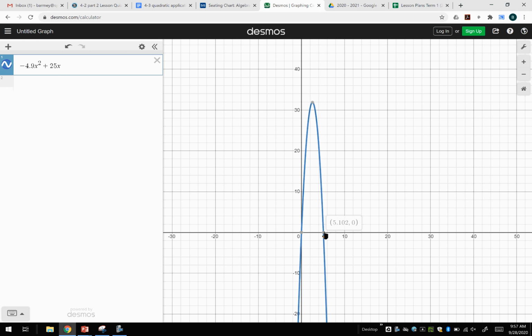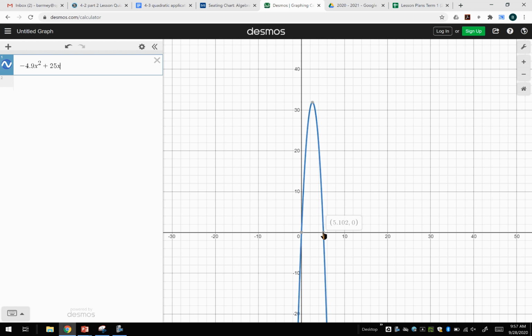We can also check down here where it's crossing the x-axis again, all the way up to the right, and you get 5.102. Well, he said it was 5.1. So 5.1, yep, we did that correctly. So when it says graphically, just graph it, then identify the vertex and identify the x-intercept.